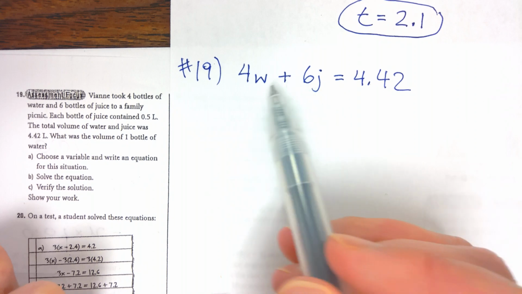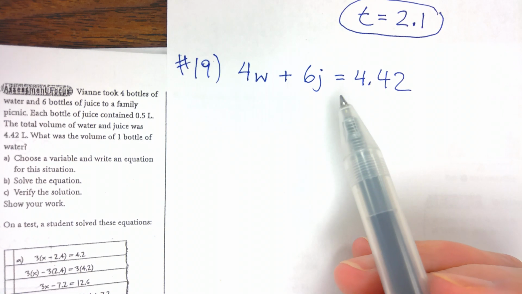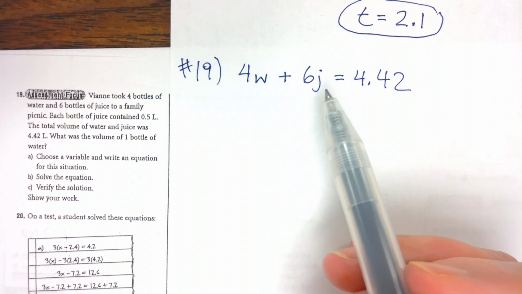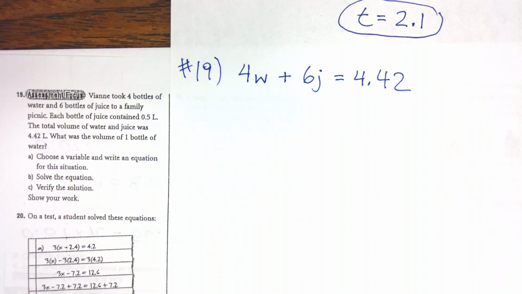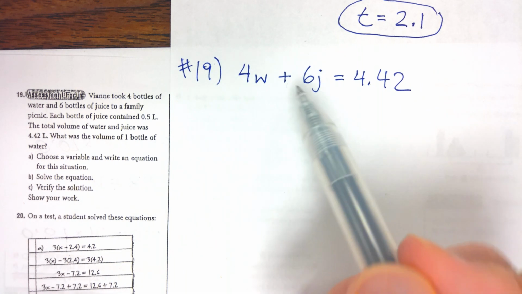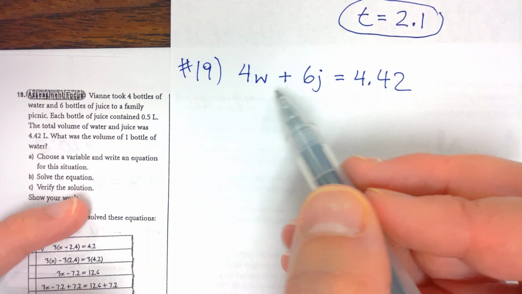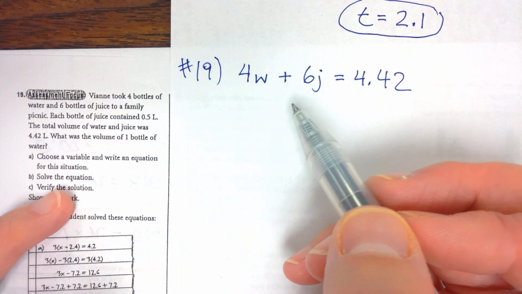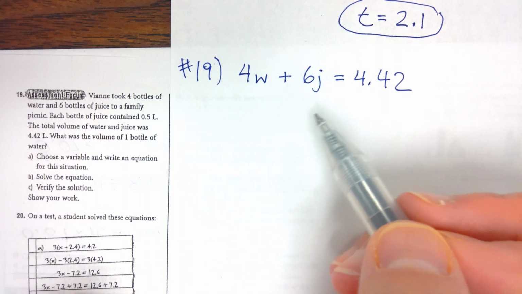Towards the end of the chapter, we will be working with 2 variables, but most of the time when we're solving, we're only dealing with 1. Okay? So in order to solve for how much water, you can't have 2 variables.